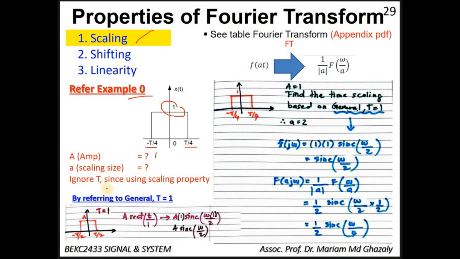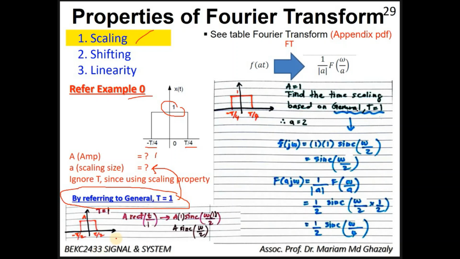So from here, when we are going to use the scaling property, we refer to the general period value, which is given by T equal to 1. Based on this T equal to 1, then you determine what the scaling factor is.